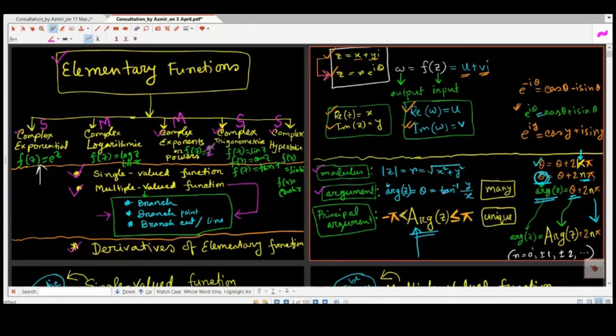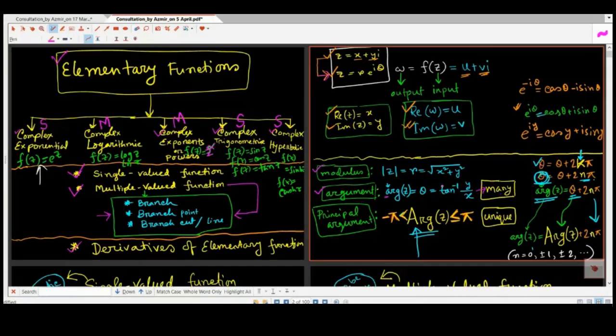So this argument can take multiple values. That means we will get many values. We can come from counterclockwise or from clockwise direction. That means in every rotation we will get new arguments. So that's why this arg, where a is a small letter, defines a set of arguments.